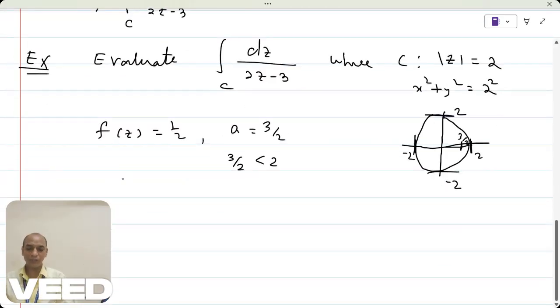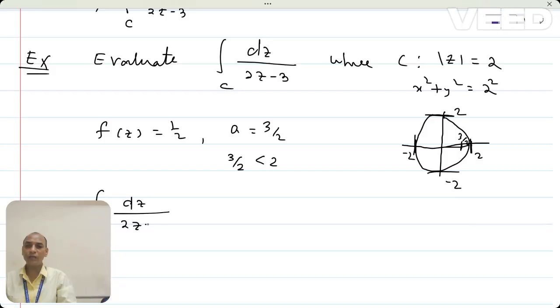So what we will do then? The integration over c of dz divided by 2z minus 3 will be 2 pi i into f of a. Here f of z is 1 by 2, so in the place of z, if I put 3 by 2, there is no change because it is a constant function.